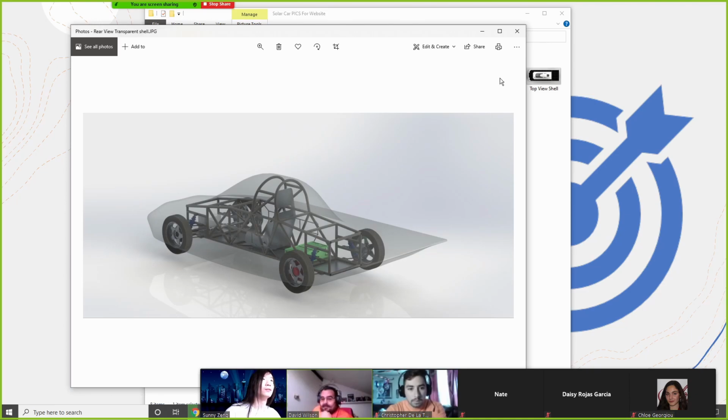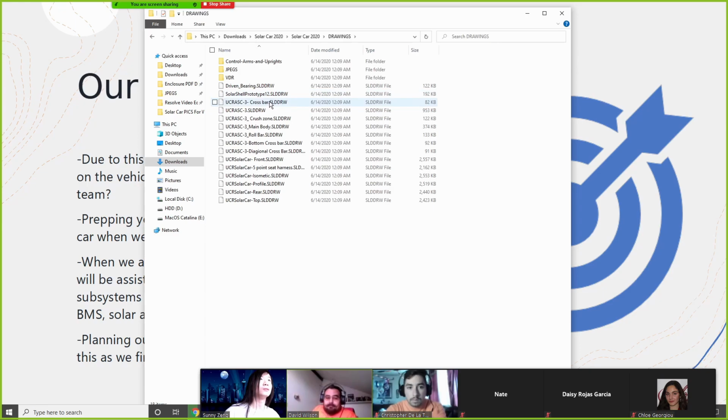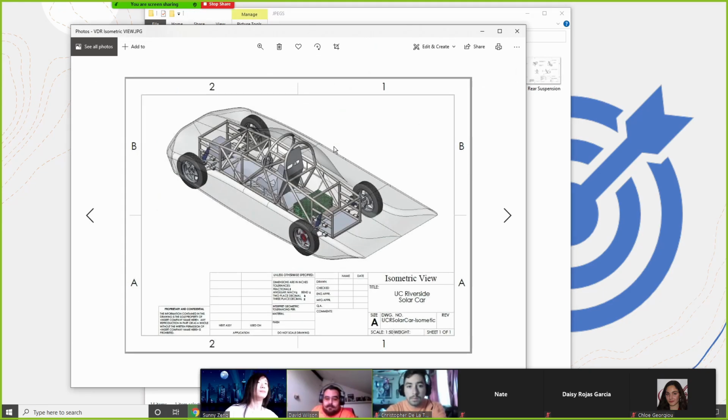There's another view. There's one with more detail that labels everything. Drawings. Yeah, right. So this one shows a more transparent view, so you can still see the battery pack. There's a ballast over there, I believe, to balance the weight of the batteries.